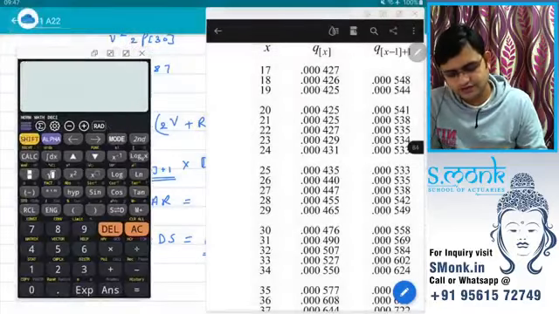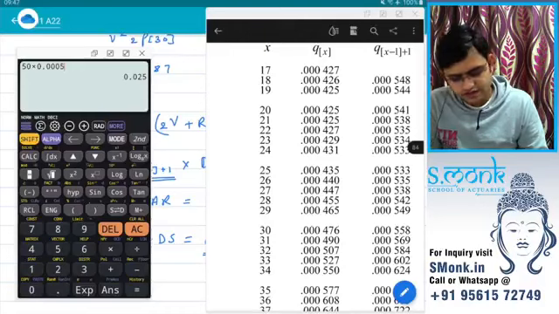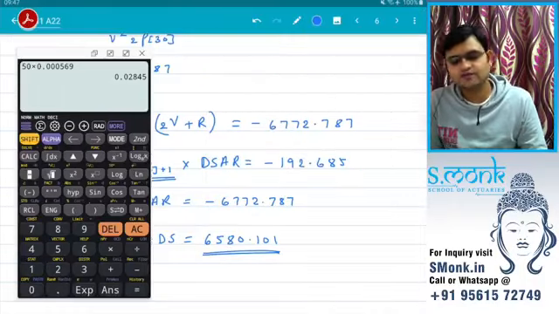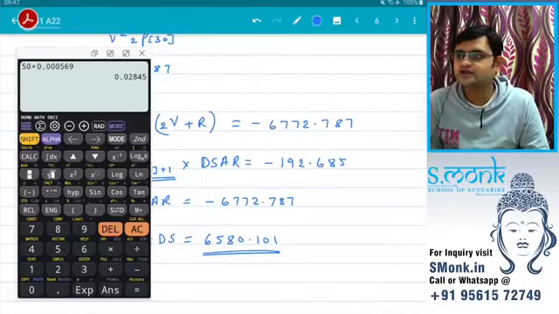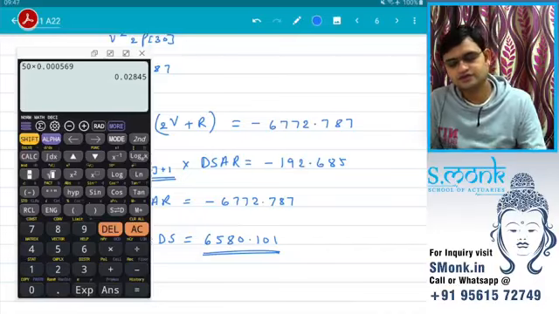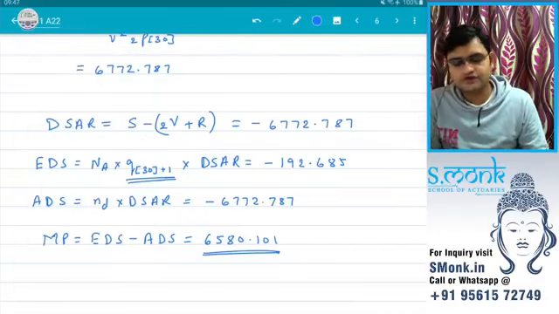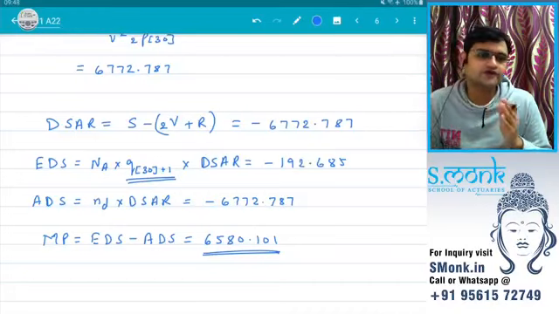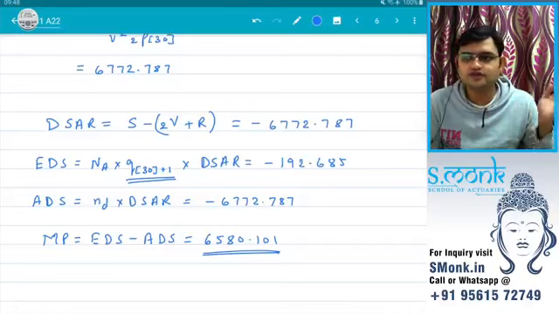So if I just say 50 into 0.000569, you can see 0.028. So we were expecting 0.028 deaths. So definitely less than 1. Of course, that cannot happen because total number of people were 50. So either we would have had 0 deaths, or we would have had 1 death or 2 deaths or 5 deaths or whatever.